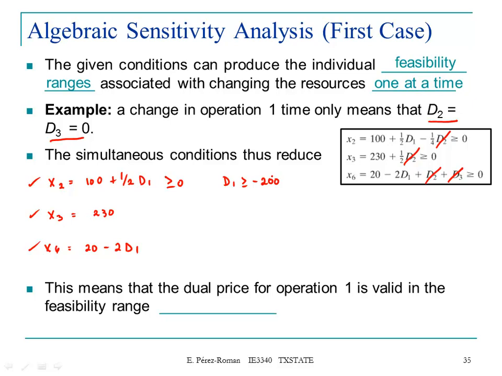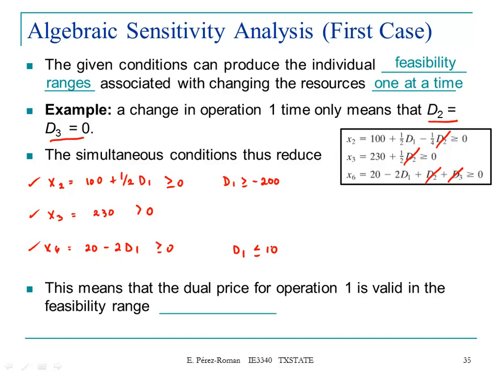For this one, this will always be greater than 0 because it doesn't change, has no variables, so it's a fixed amount. And x6, for this to be greater or equal to 0, then D1 needs to be less than or equal to 10. And you have found the feasibility range for D1.